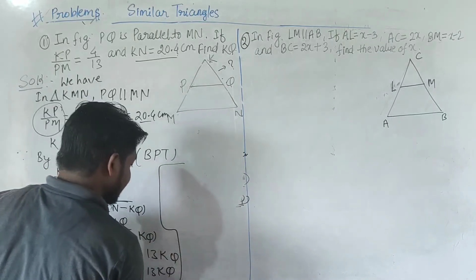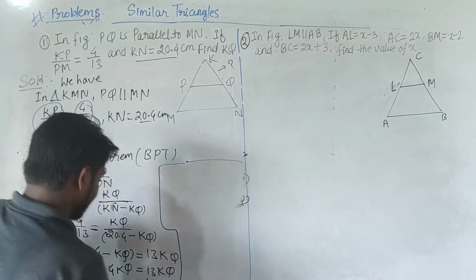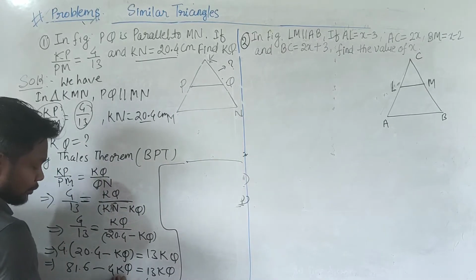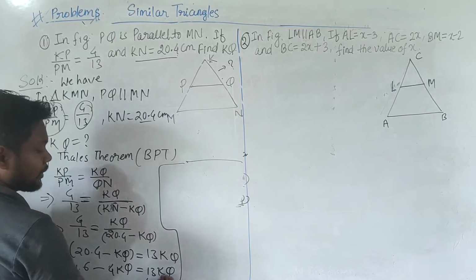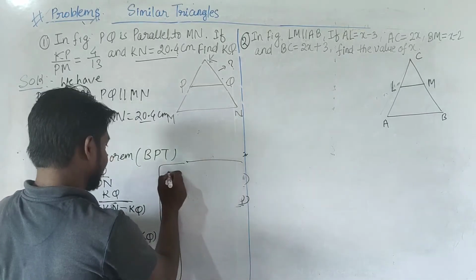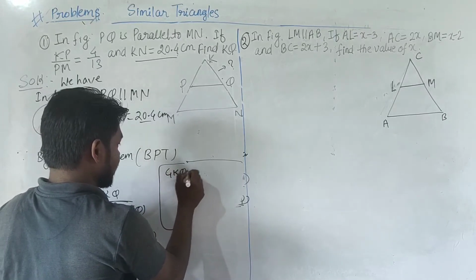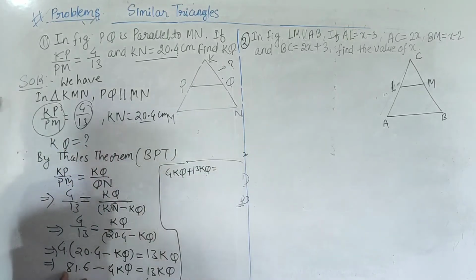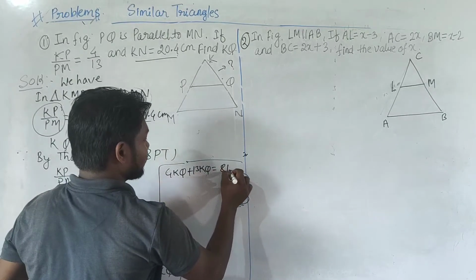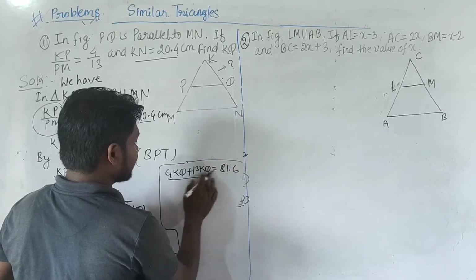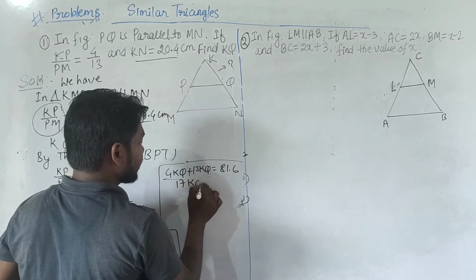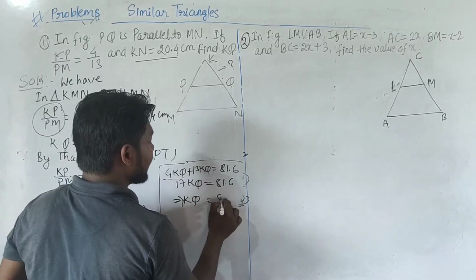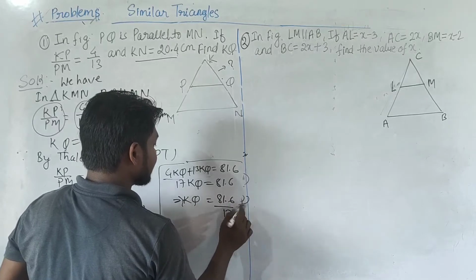Now next I am solving here. On further solving, we have to transpose the minus 4 KQ to the right-hand side, so it will become 4 KQ plus 13 KQ is equal to 81.6. On adding, 13 plus 4, 17 KQ equals 81.6. Therefore the value of KQ will be 81.6 divided by 17.